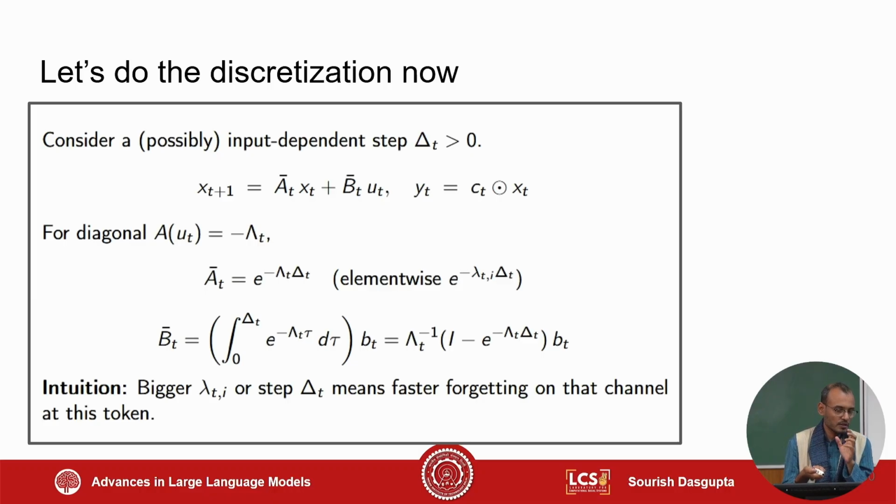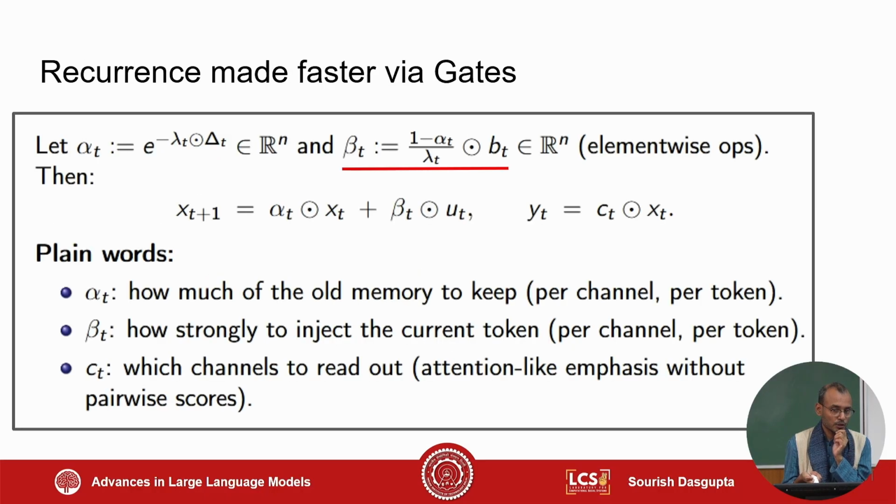Okay, so the intuition is the bigger the lambda or the step, there are two knobs, it means faster forgetting on that specific channel or that specific aspect for that particular token, right? So you have now these two gates, alpha and beta, and what you do in Mamba is you apply the alpha gate, which is the forget gate, on xt, and you apply the update gate, which is beta, on ut.